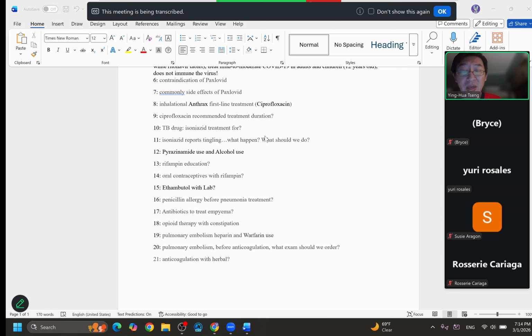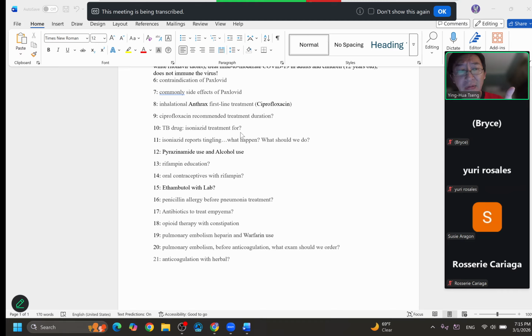Can we kill them? Is it for active TB? It is a progressed TB. It's happened already. It's diagnosed already. So we treat the TB. But can a TB medication kill the TB bacteria?